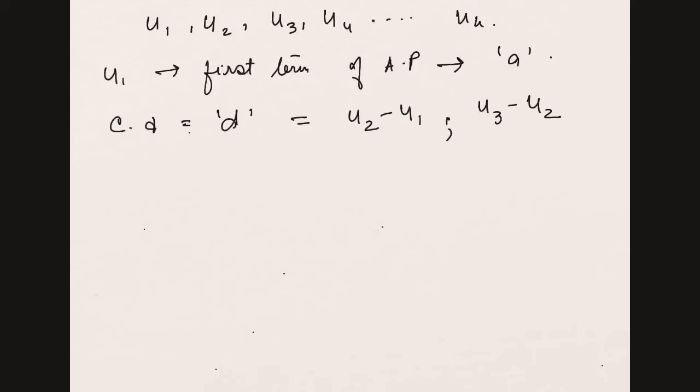So this is also a characteristic of our arithmetic progression, that all these terms have only one difference, that is D.